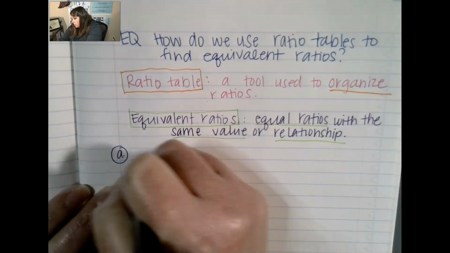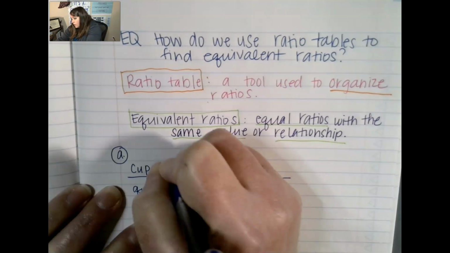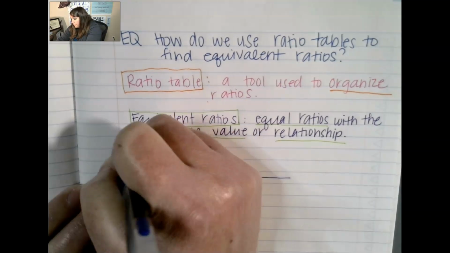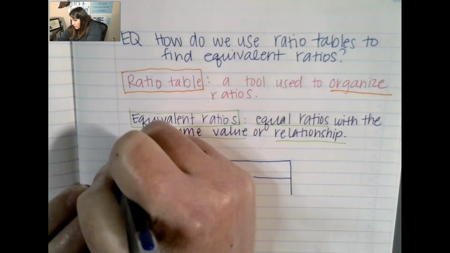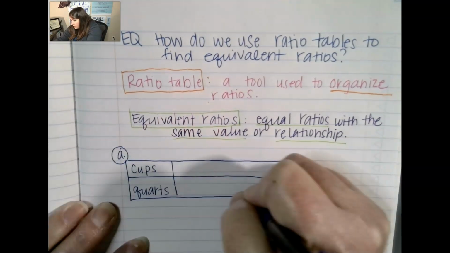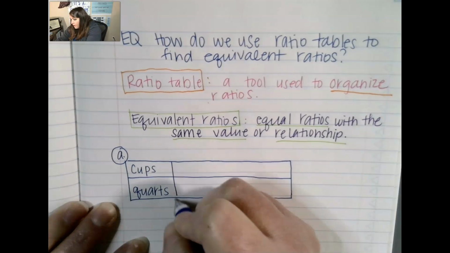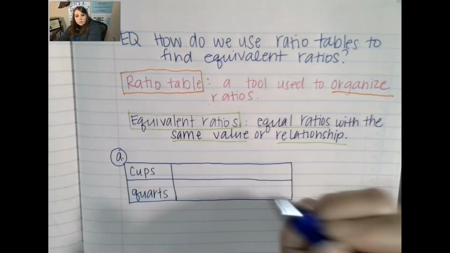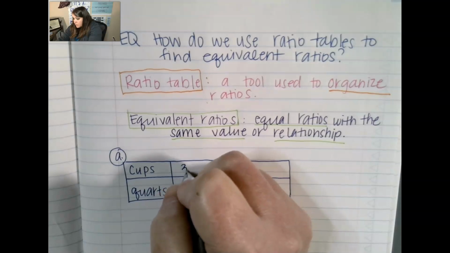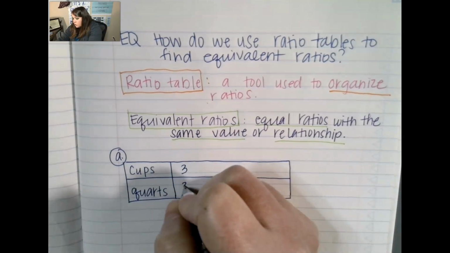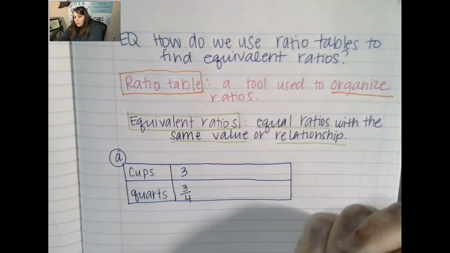So cups to quarts, and we're going to create a ratio table that looks like this. And in our ratio table, we will have spots for cups and spots for quarts. The initial ratio we're going to start with is 3 cups to 3/4 quarts.